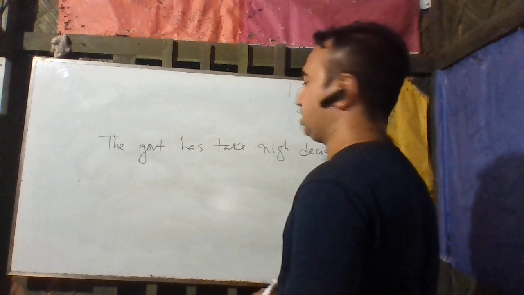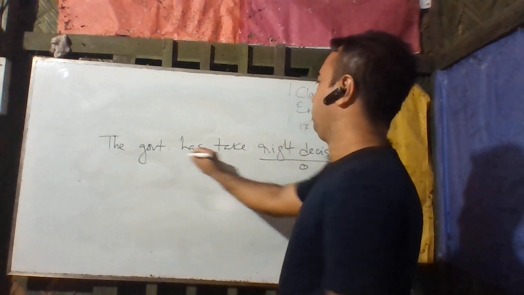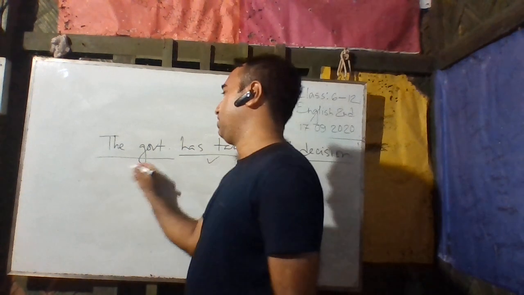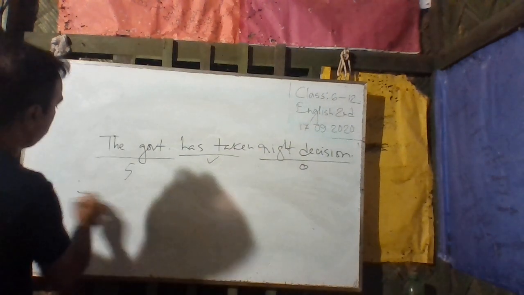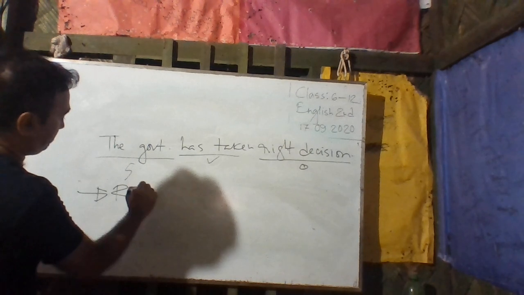Which one is the object? Right decision. The object is right decision, has taken is the verb, and the doctor is the subject. So the right decision, the object, will come first. Right decision.